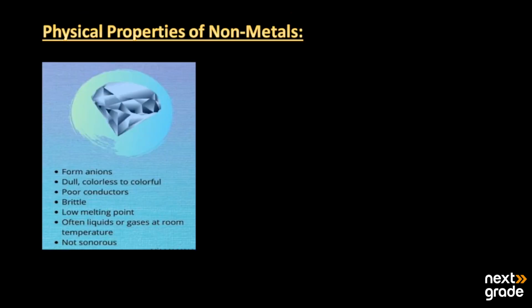Then we have some physical properties of non-metals. They can change into anions, meaning they form negatively charged ions. They are dull, and may be colorless or colorful.